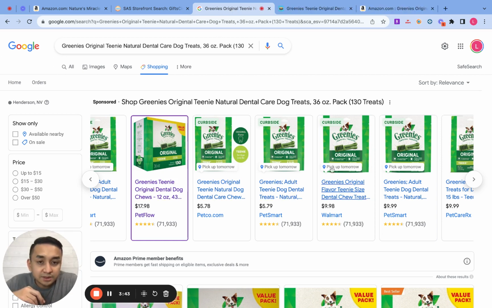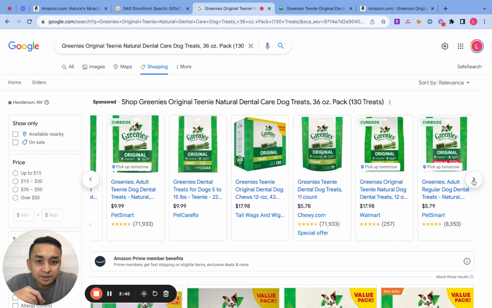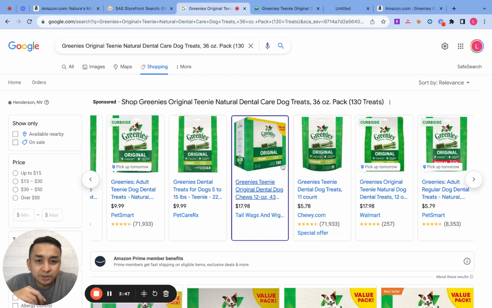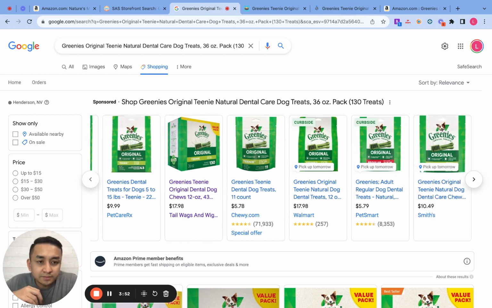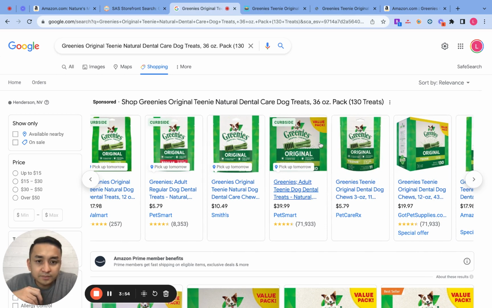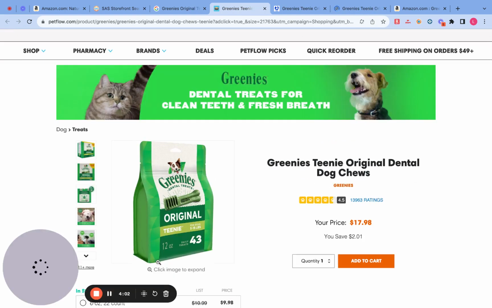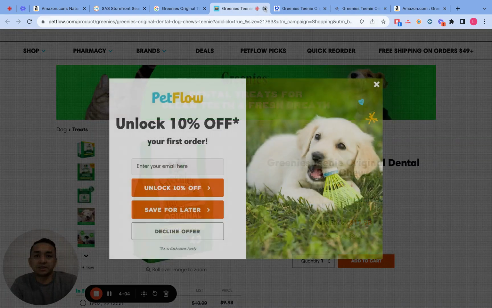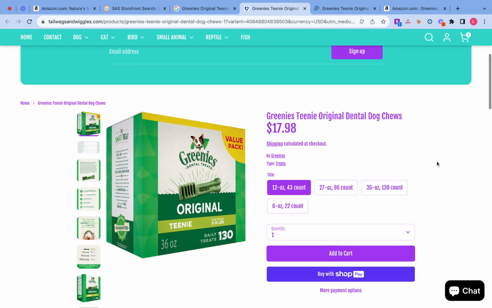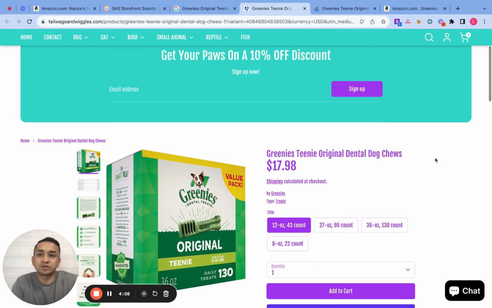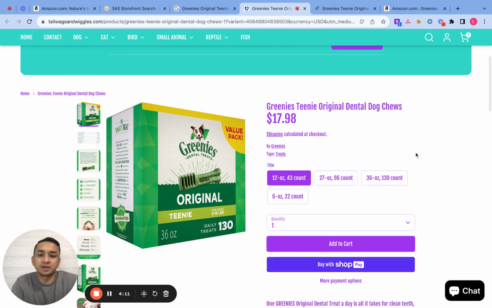Let's see. This one could be it. Yeah, this one could be it. Let's see. Okay, this one's 43 pieces, so it's not it. So this one is 130 pieces.